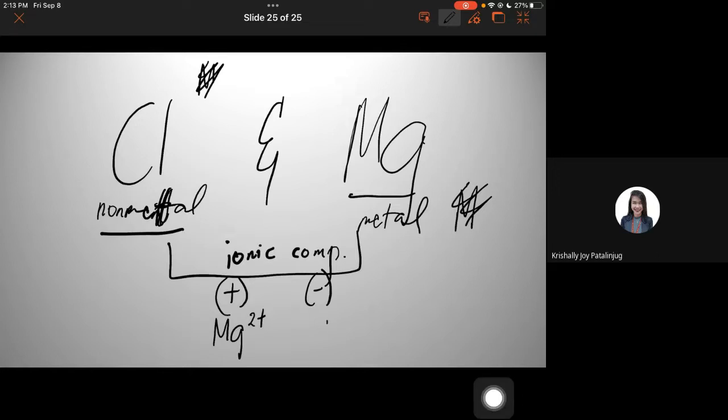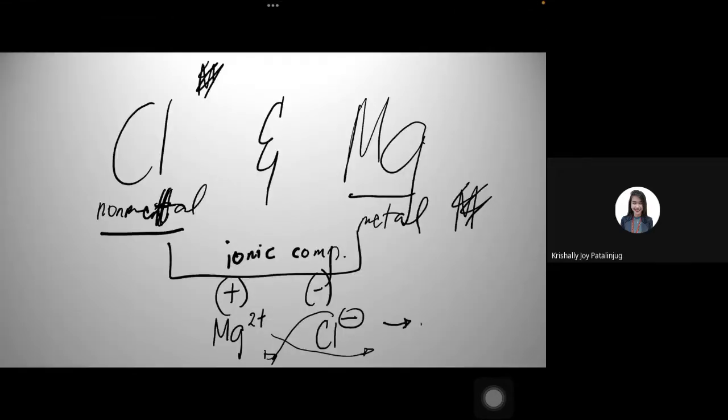The anion form of chlorine is chloride. Then you can now obtain what would be the compound. Crisscross. You tell me what's the name. Name, not the formula. Name the compound. You see, you can answer any question based on the discussion we had.